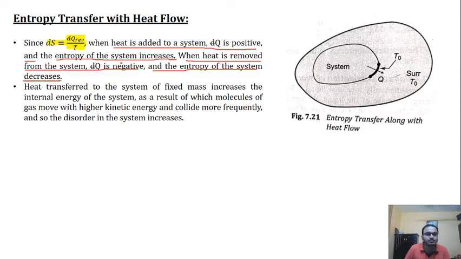Now as you know, when heat is transferred to a system of fixed mass, it increases the internal energy of the system. Why?